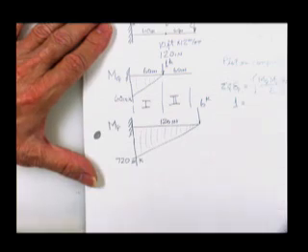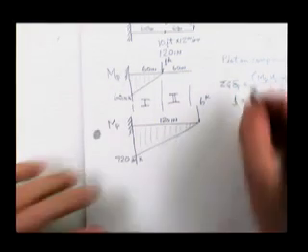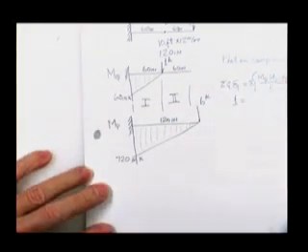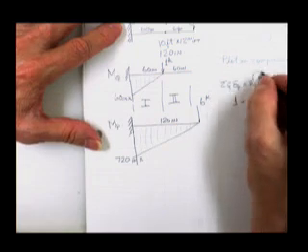In this case, we only have one member, so the summation doesn't really apply. And this will be throughout the member.